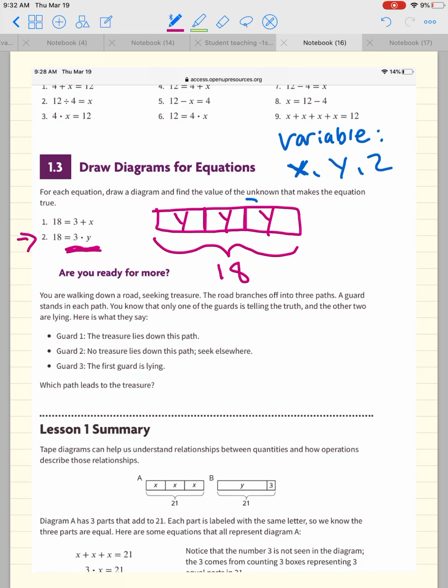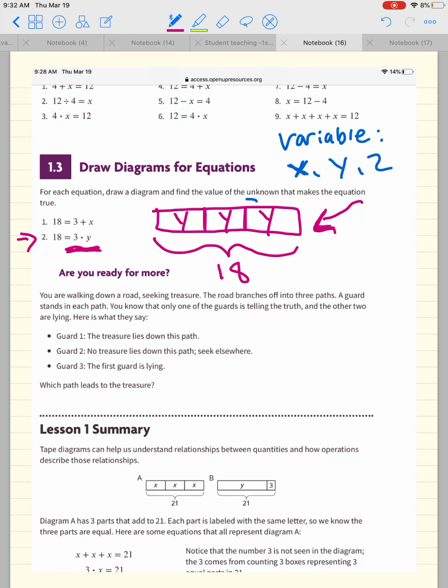Now, it wants you to figure out what value makes the equation true. So if we're looking at this diagram, we need to know what y equals, what y plus y plus y equals. We need to figure out what y equals if y plus y plus y equals 18.